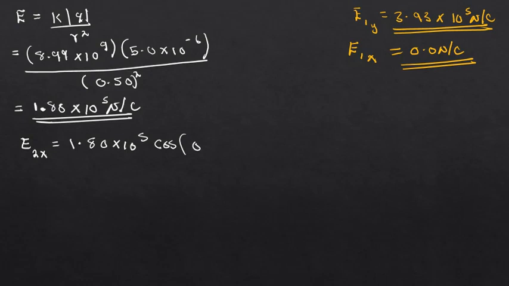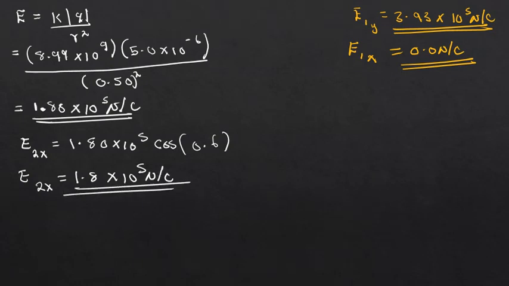This would be 0.6. Therefore E to X is going to equal, if you do your multiplication in that manner, you will get 1.8 multiplied by 10 to the power 5 Newton per coulomb, like that.